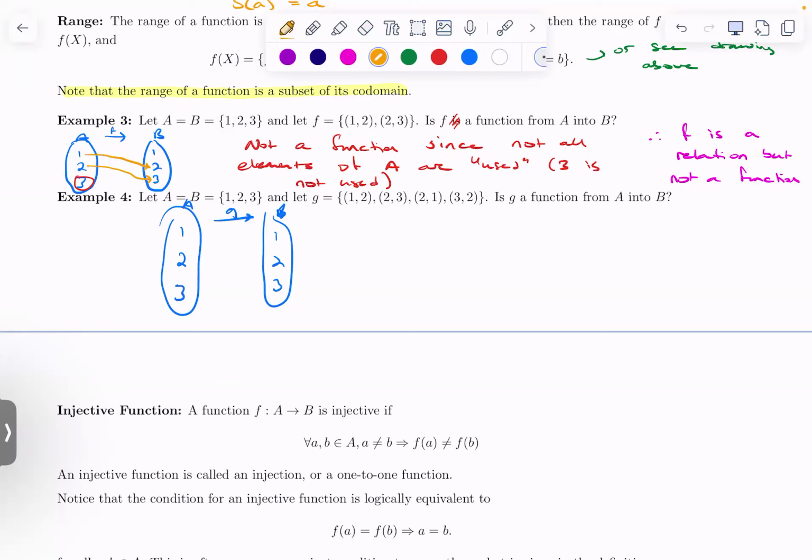Okay, 1 goes to 2, 2 goes to 3. Oh, 2 goes to 1, but I stopped there.